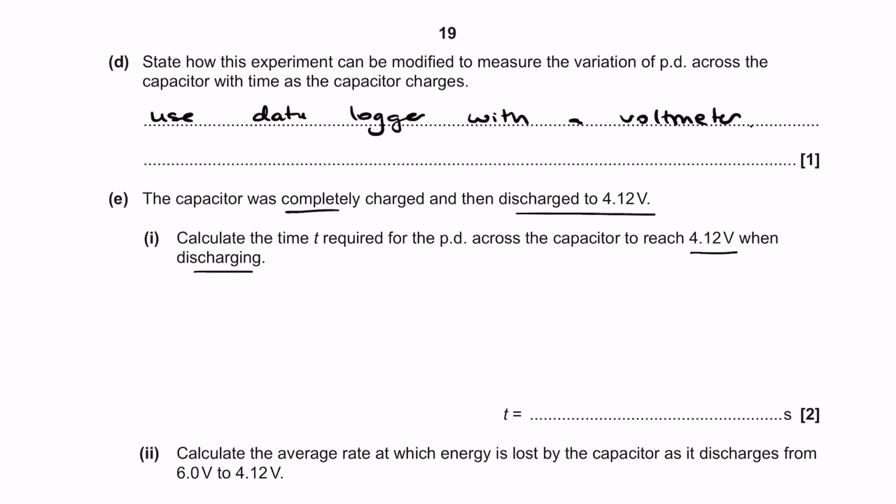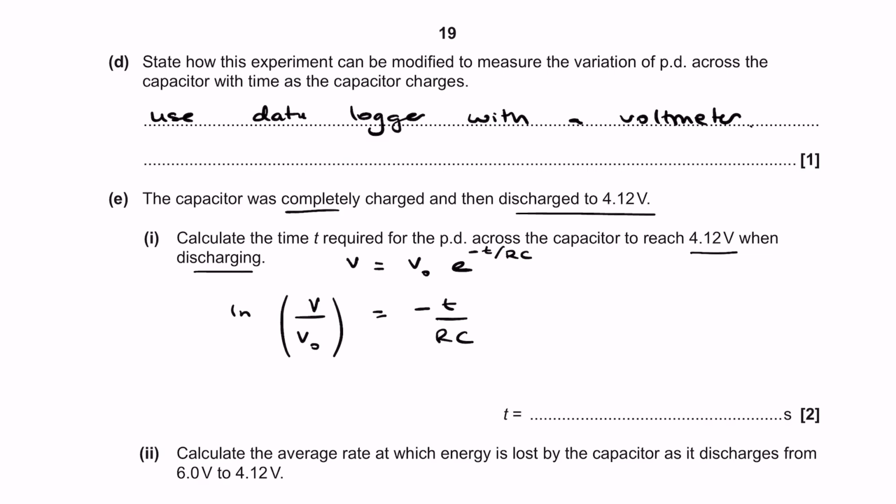So we know the equation for discharging is V equals V naught e to the power of minus t over RC. And if you want to work out the time, then we can just rearrange it and ln both sides, and it would look something like this.